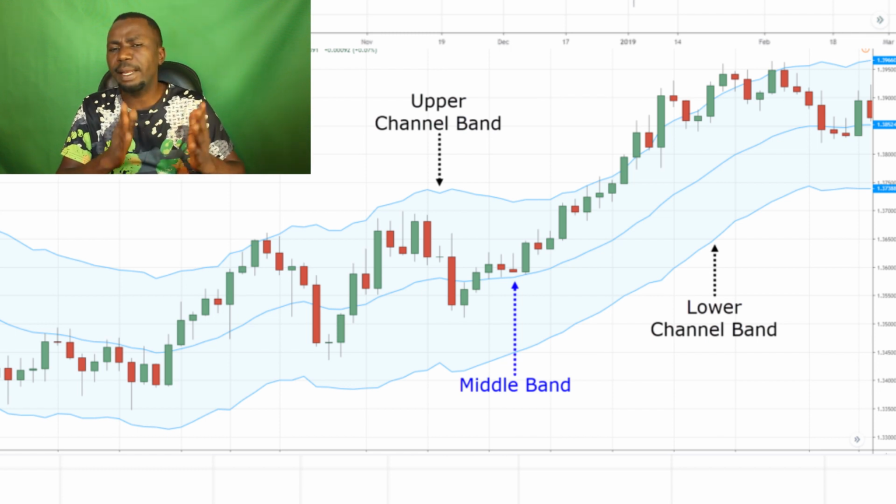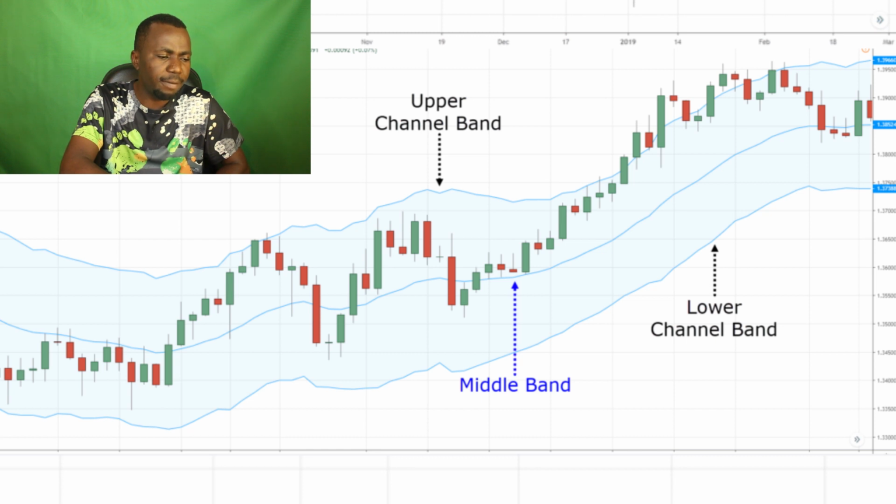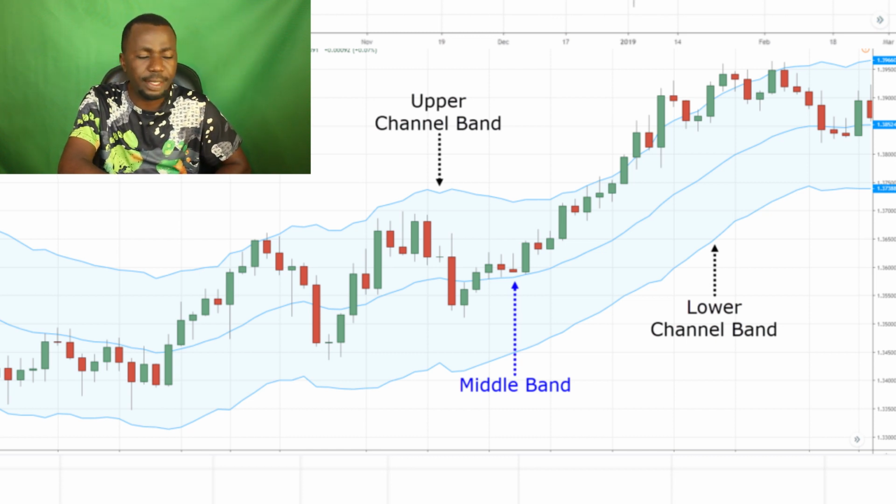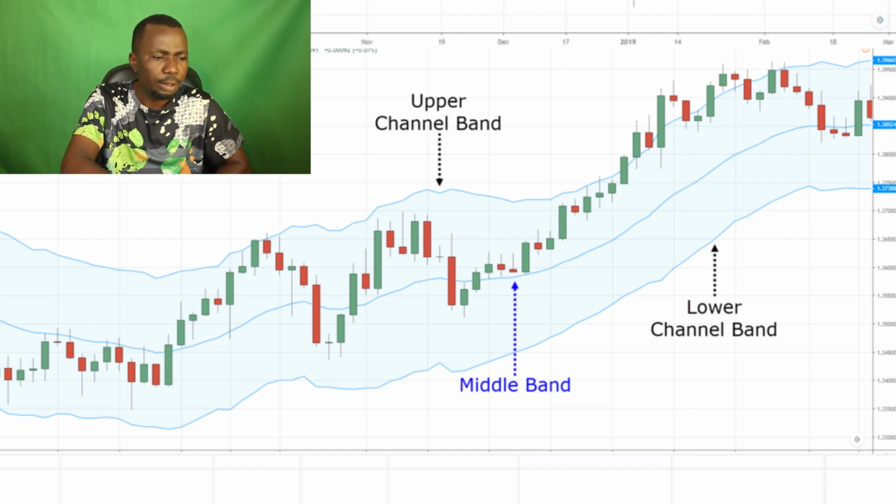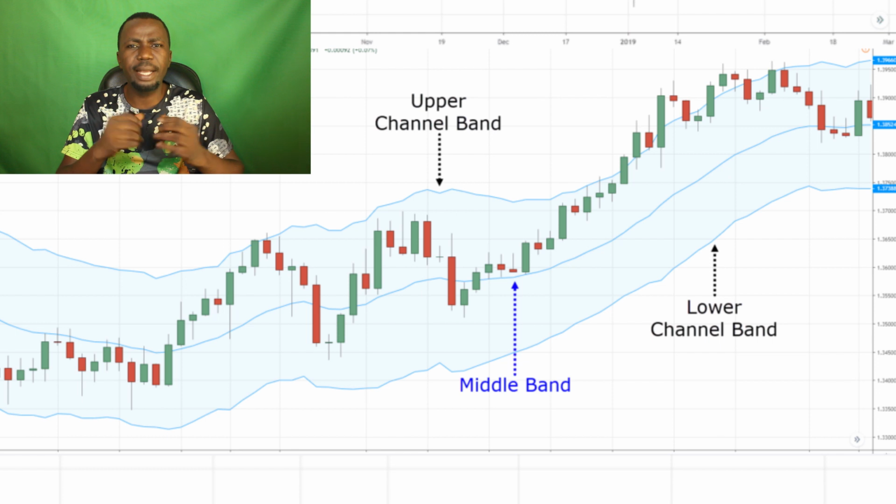And also remember that you're going to include support and resistance levels, because when you identify support and resistance, let's say you saw a resistance level, and then price got to that resistance level and crosses above this upper channel, it means that the price will definitely reverse and head down.